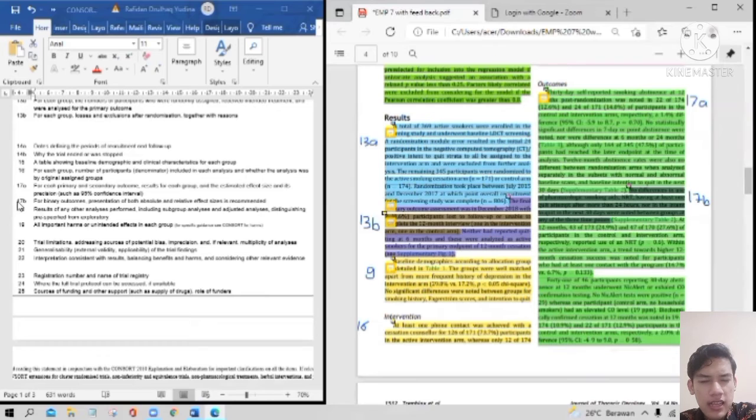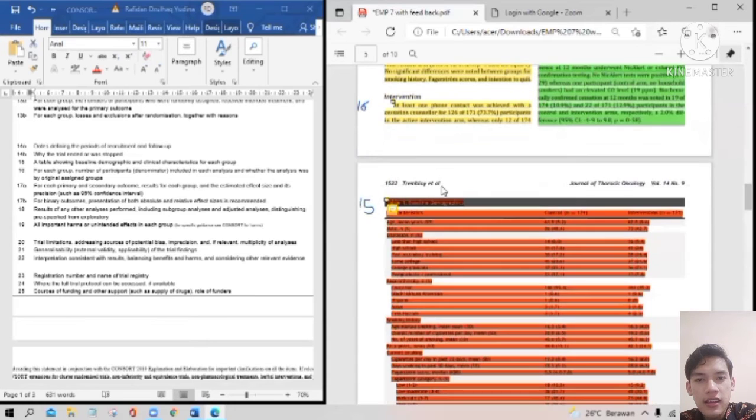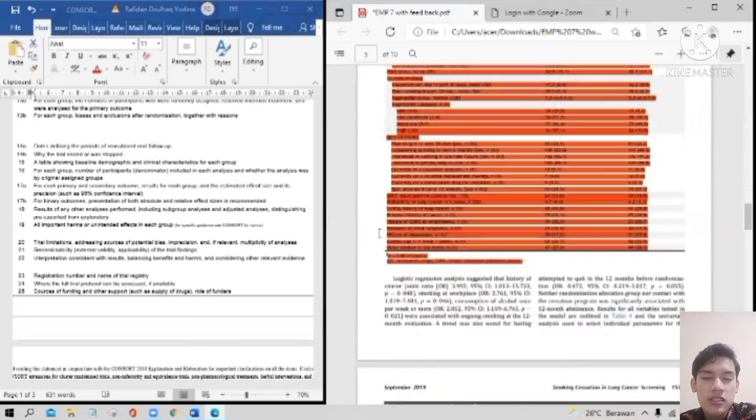And I think checklist number 18 and number 19 are not reported in this article, so yeah. Next is the discussion section, number 20: trial limitations, addressing sources of potential bias, imprecision, and if relevant, multiplicity of analyses.